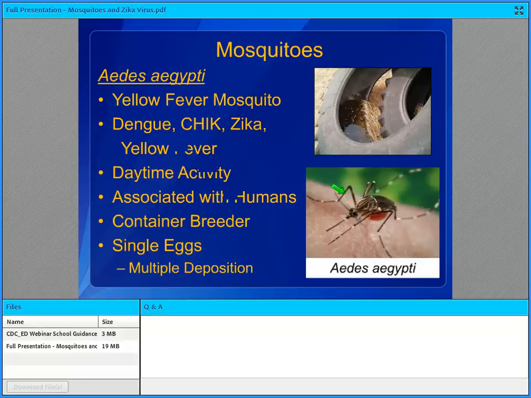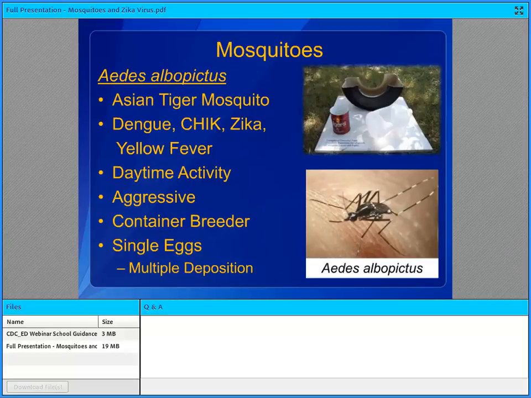They prefer to feed almost exclusively on people and prefer to breed almost exclusively in artificial man-made containers. Understanding some of their behavior and biology, they lay their eggs singly, one at a time, in multiple locations.